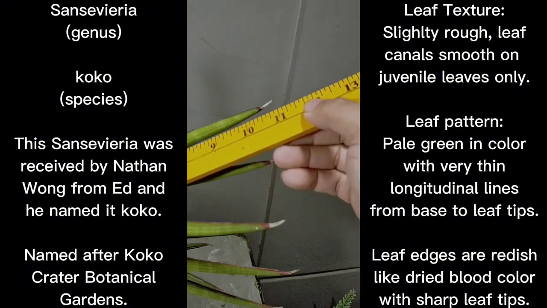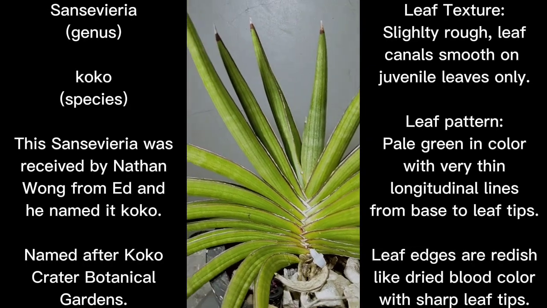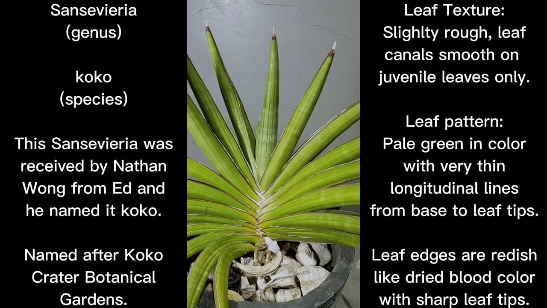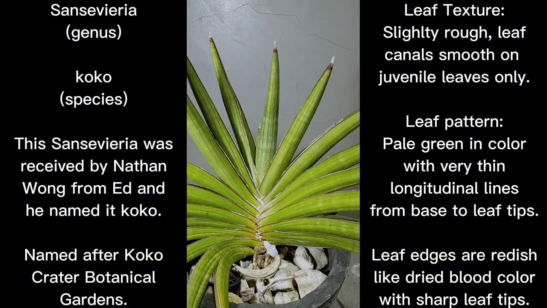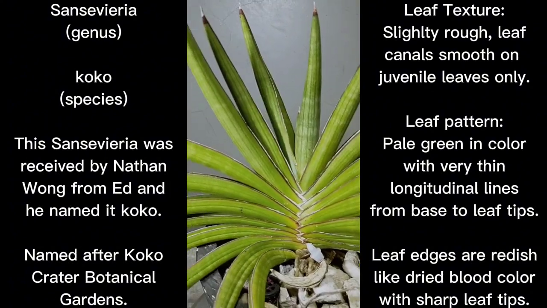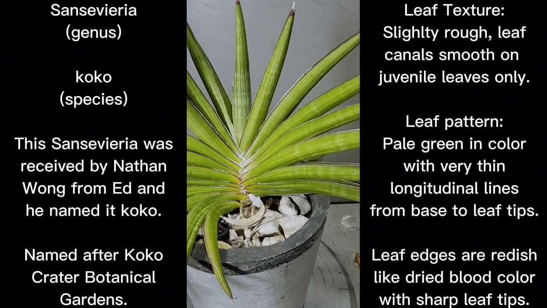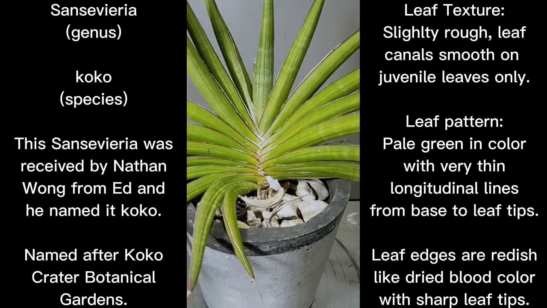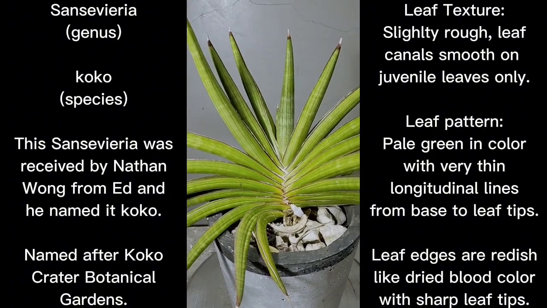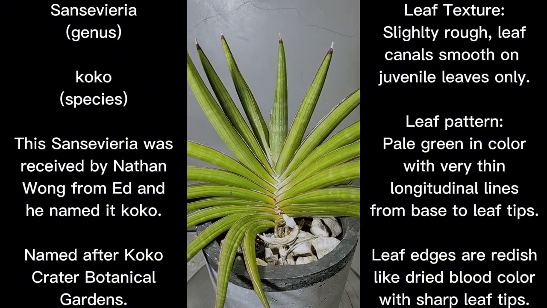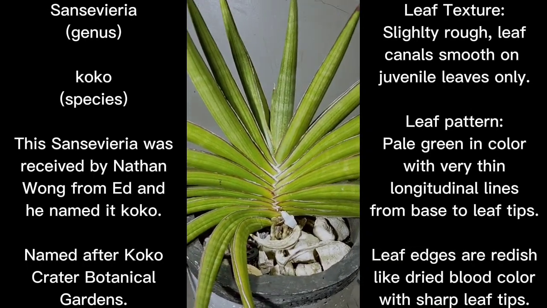Those are the longest leaves on the specimen. It's 11 inches, and that's why I said if you measure it from tip to tip, it would be around 22 or 23 inches, almost close to 2 feet. So you should be preparing a space that would cater to the width of the entire specimen of about 2 feet. So folks, I think this is all that I can share with you with regards to Sansevieria koko.